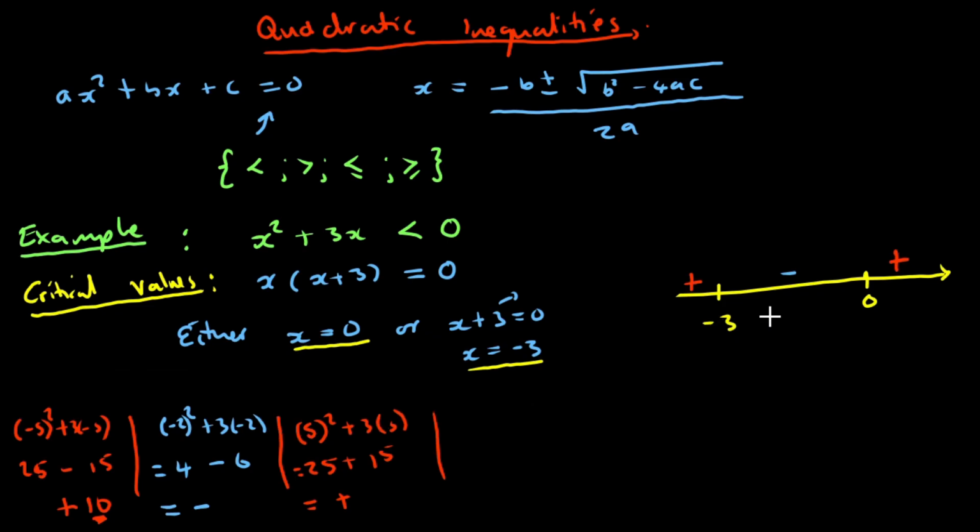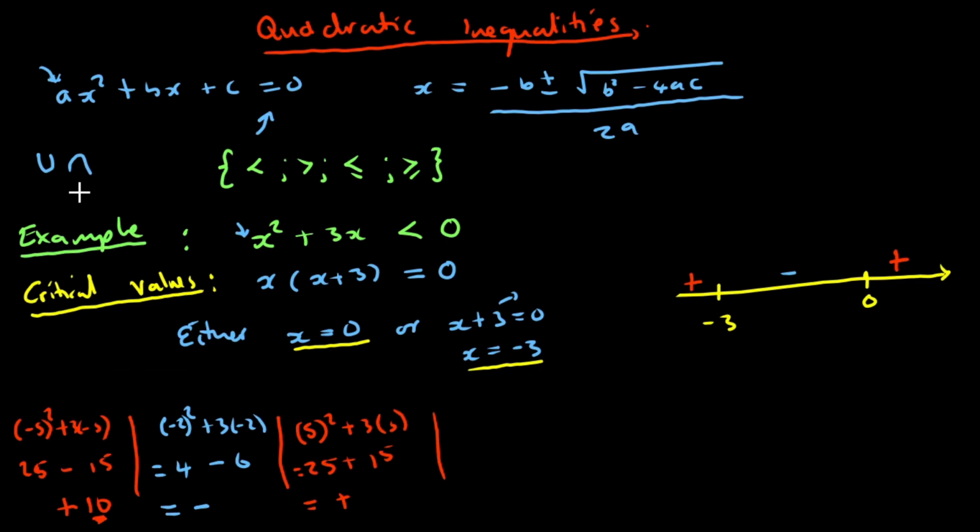What we need to do now after this part is to draw the graph. And the graph we are going to draw, we need to ask from here, is it a smiling graph or a sad graph? The type of graph that is going like this is a smiling graph. If it's going like this, it's a sad graph. So this one is a smiling graph because we look at the coefficient of x squared, or this a.